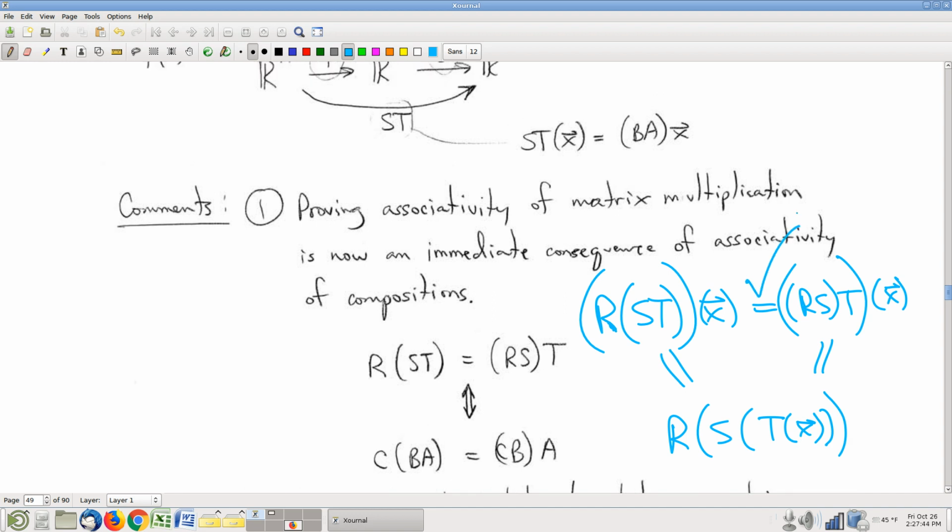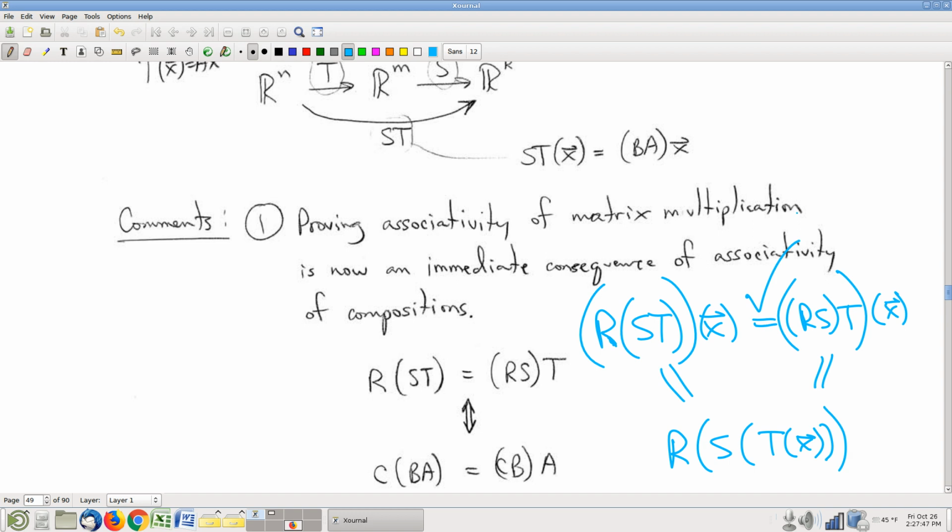Think about this: the product of linear transformations says first compose S and T, and having done that, then compose with R, thus giving you R of S of T of x. Over here, we're composing the R and the S, and then subsequently composing the T. So I have R of S of T of x. The only difference is where the dramatic pause is.